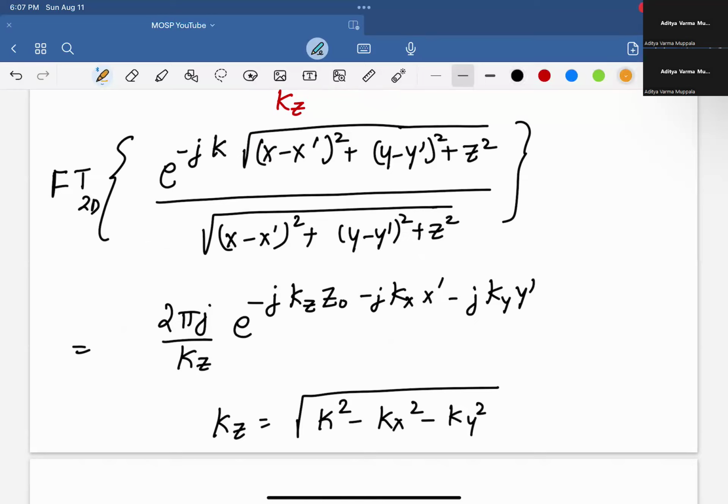One thing to keep in mind is that this result at the end has this kz term, which has a singularity. So I just want to mention that there is a singularity when kz equals 0, that is, when kx squared plus ky squared equals k squared, the edge of the evanescent modes.